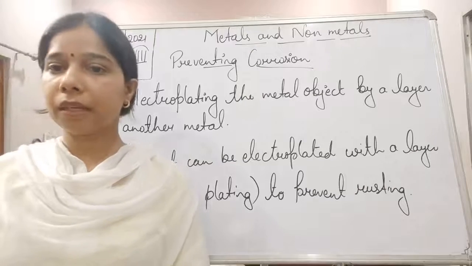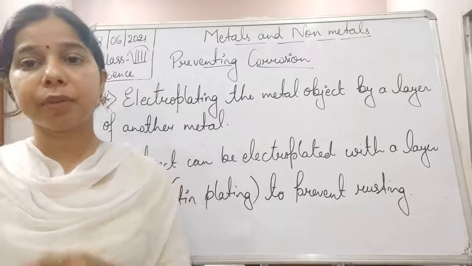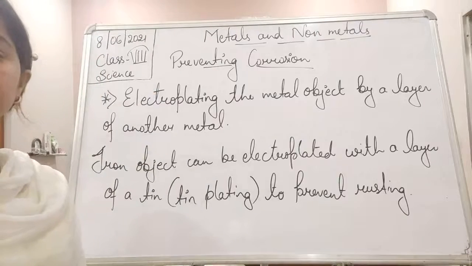So students, electroplating is also another kind of method by which we can prevent rusting.